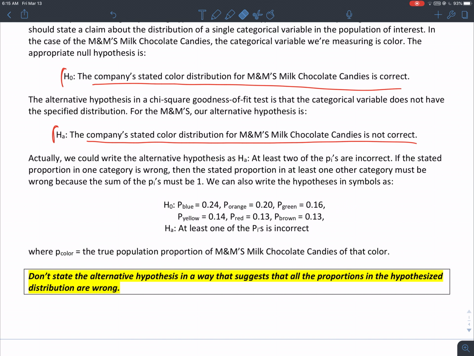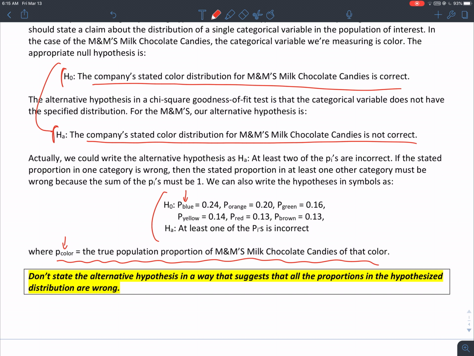Okay, so you have two choices for writing your hypotheses. Some students like this, some students like this. Either way, it's fine, as long as you define your P variable. All right, so with P sub blue and then P sub color, what is it?